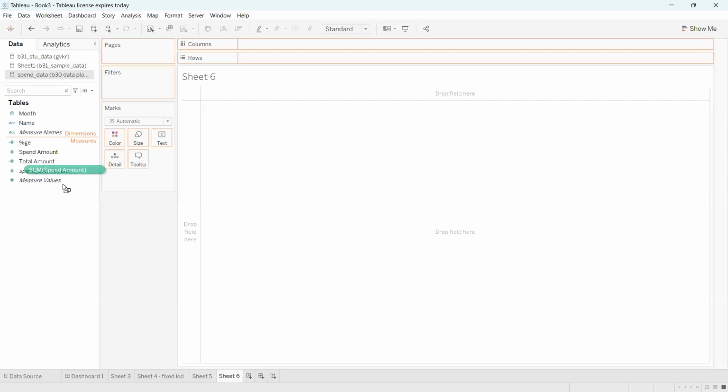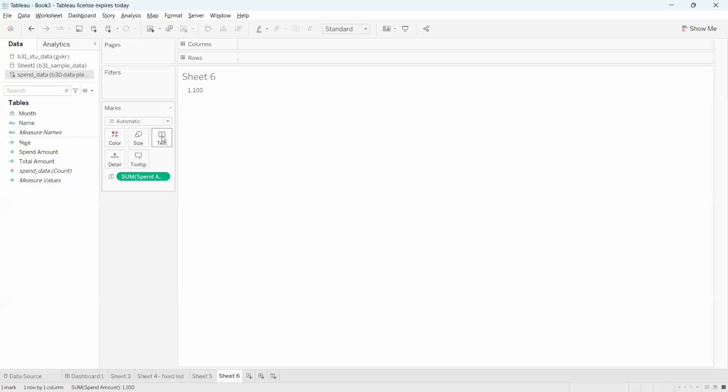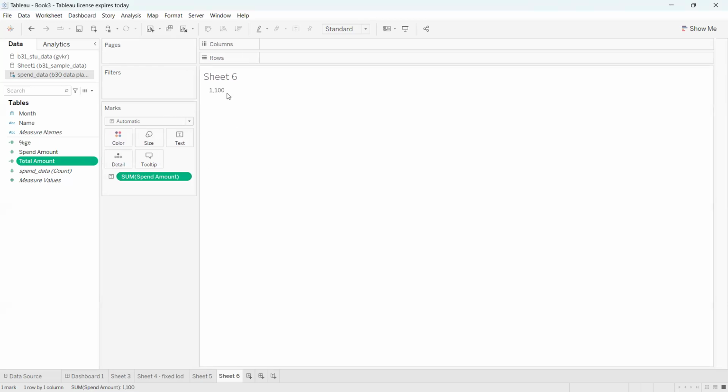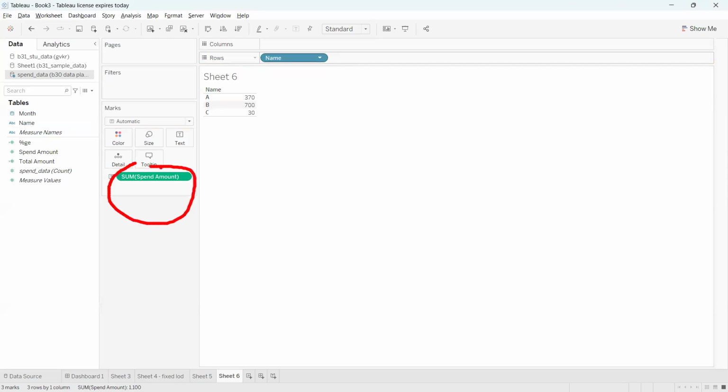If I take a direct field coming from the database, when I drag this into the text, automatically it will show the total sales here. And when I drag my name here, automatically this sum of amount will be aggregated for each and every row, divided for each and every person here.